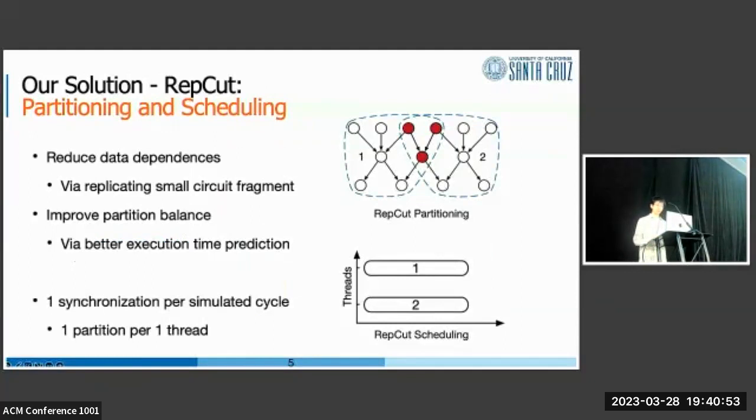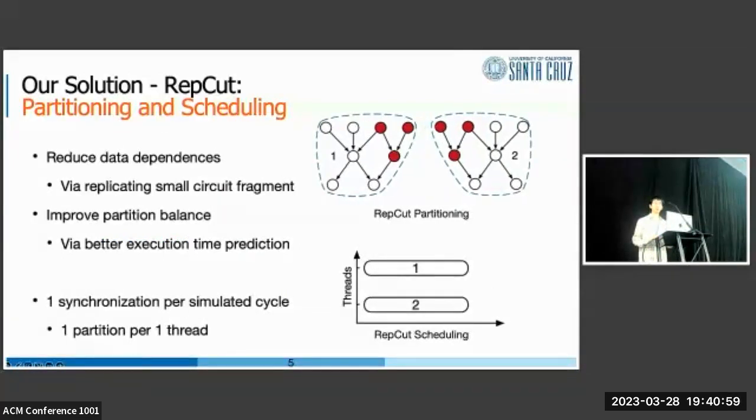Well, RepCut greatly reduces data dependency by replicating small fragments of circuits and cutting the circuit into disconnected partitions, which yields the name RepCut. And it creates a much more balanced partition by more accurate execution time prediction.